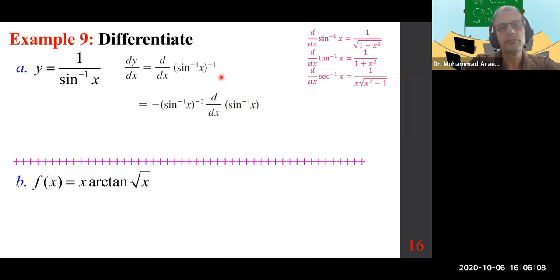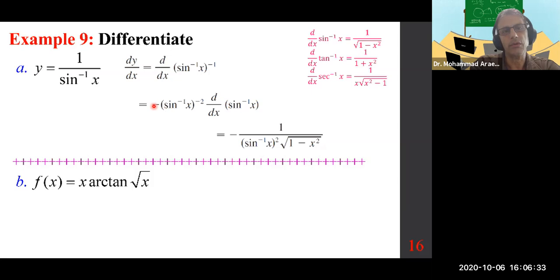So negative 1 sits in front. This takes the exponent of -2, and then you differentiate this. By the way, this one with the exponent -2 can go down and becomes +2. Don't forget the negative sign is not going to go anywhere. It's going to persist. Okay. I hope everybody's comfortable with that.